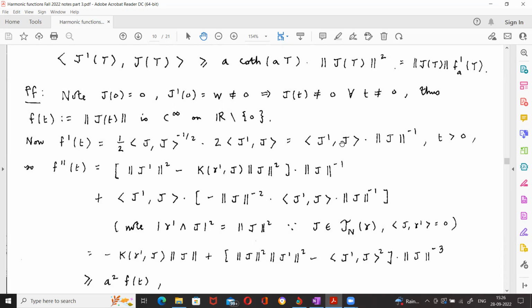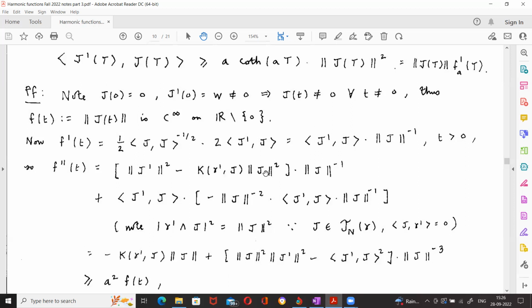This is going to be norm j prime squared minus sectional curvature k of gamma prime j into norm of gamma prime wedge j squared. But j is a normal Jacobi field and gamma is a unit speed geodesic, so norm of gamma prime wedge j squared is just equal to norm j squared. Is that okay?